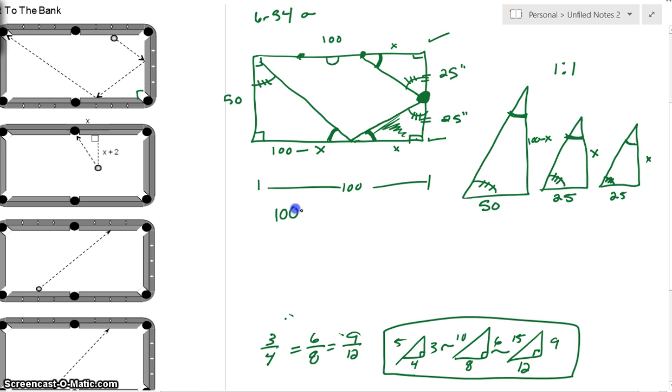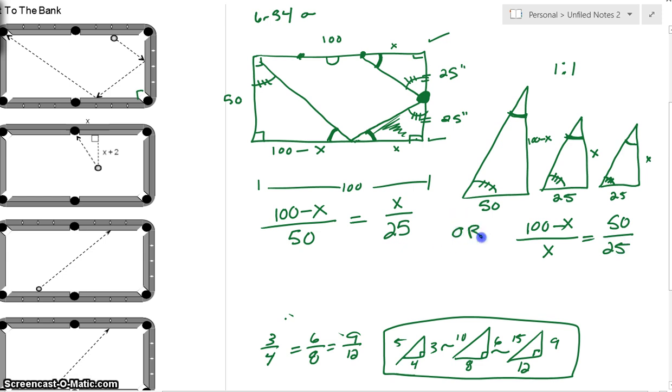So long leg is to short leg as long leg is to short leg. I'm comparing the legs. I could also say long leg is to long leg as short leg is to short leg, because I've only got one dilation in this case.